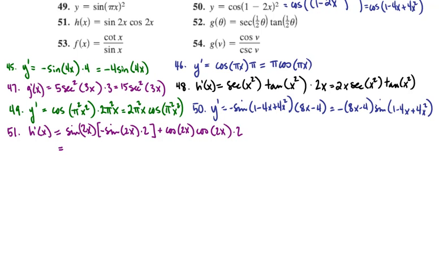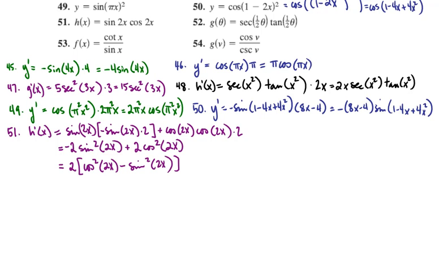So simplifying this gives negative 2 sine squared of 2x plus 2 times cosine squared of 2x. Now we can rewrite this and factor out the 2, and we would get 2 times cosine squared of 2x minus sine squared of 2x. And that happens to be a trigonometric identity.